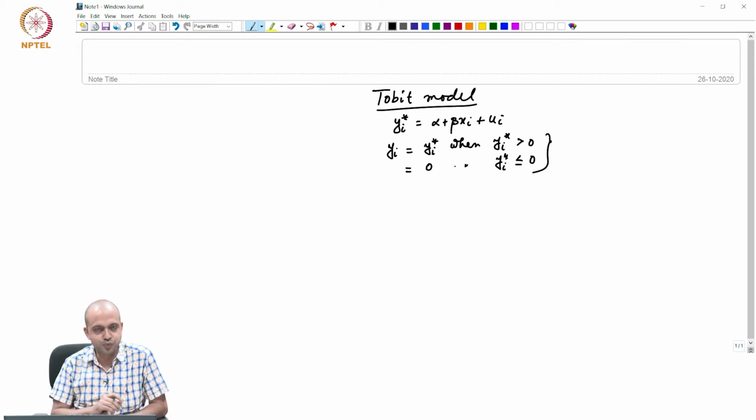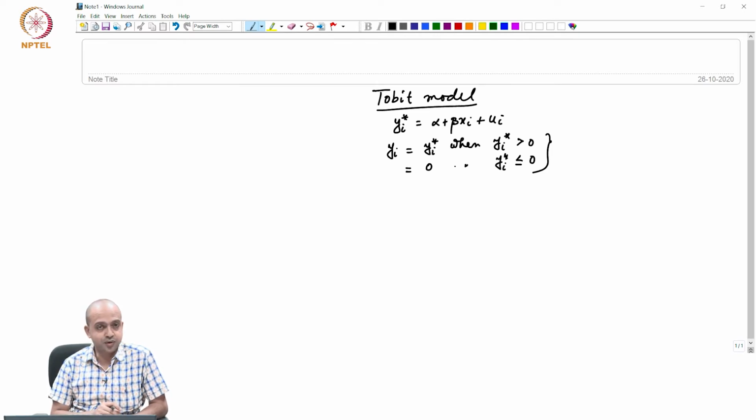We have two types of observations, one for which yi takes the value 0 and the other for which yi takes a value greater than 0, and we discussed the likelihood function combining these two.